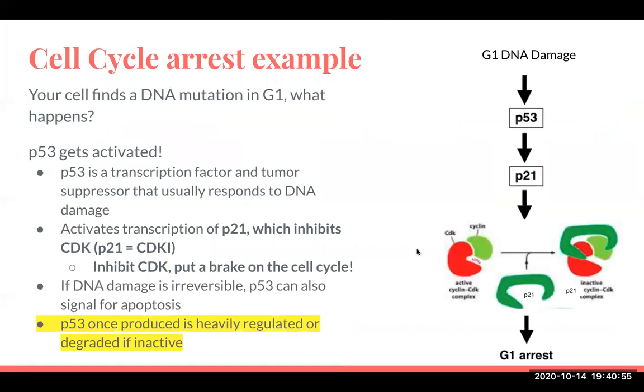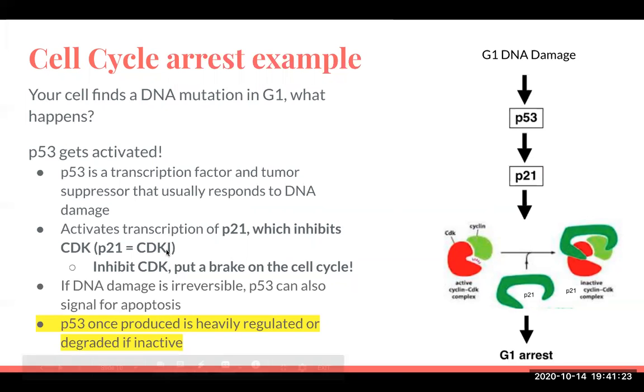Great. So what happens if you find a DNA mutation in G1? The protein that gets activated is p53. p53 is a transcription factor and tumor suppressor that is super important for DNA damage response. p53 activates another protein called p21, which is a CDKI.